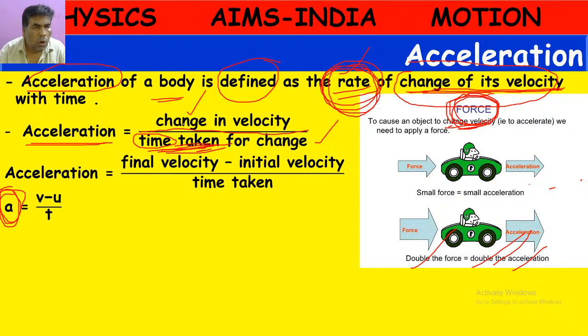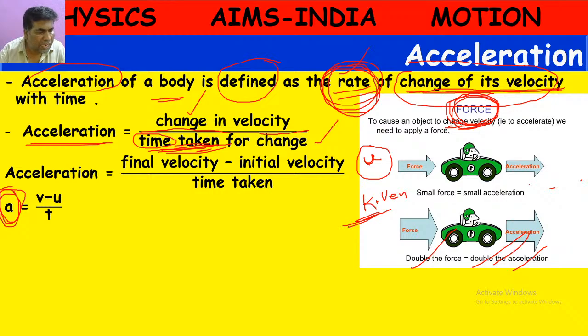So what is the change in velocity? Before applying force, let the velocity be u. U stands for initial. In front of the name K Venkatesh, what is K here? Initial.